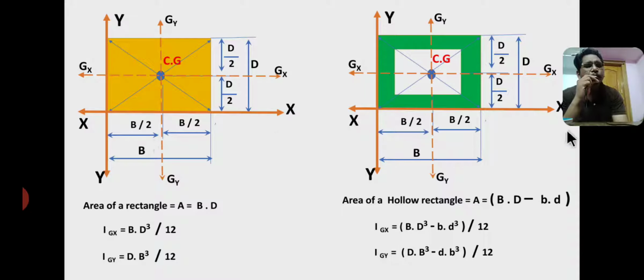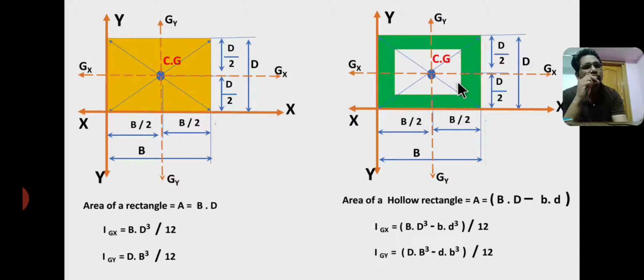In a similar way, the second diagram shows the hollow rectangle having base capital B and height D. Capital B and capital D are the dimensions of the outer rectangle, and for the inner rectangle the dimensions are small b for base and small d for depth or height.